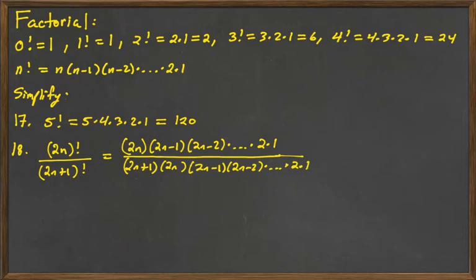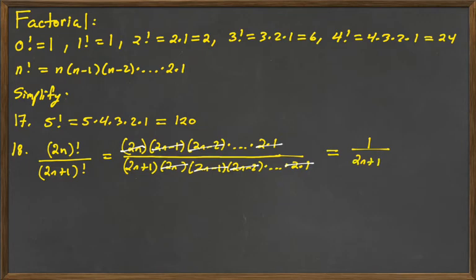And what's going to happen is you have the same factors. So you have the factors of 2n, 2n minus 1 and 2n minus 2 in both, with 2 times 1 and 2 times 1. So everything absorbs except for the 2n plus 1 in the denominator. So this simplifies down to 1 over 2n plus 1.